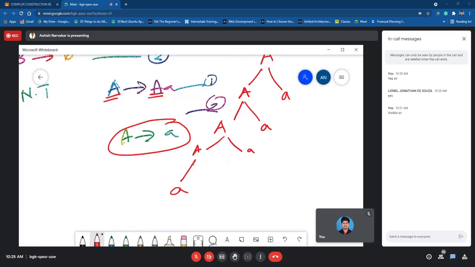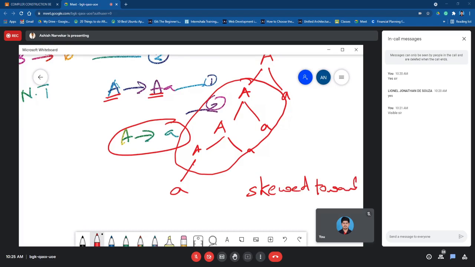But what we can see is that the tree getting constructed is skewed towards the left. And not only this, the main problem is not about the tree getting skewed towards the left, but that it is leading to a kind of infinite loop.